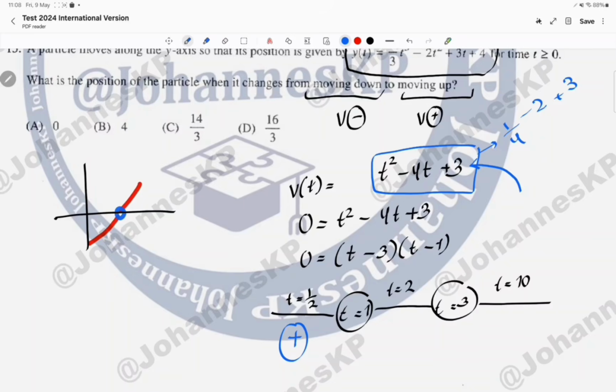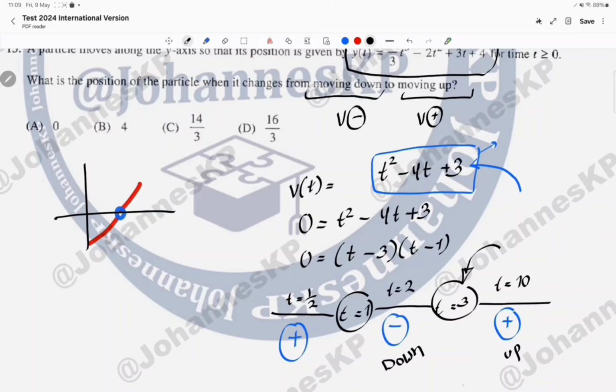Now, at the time of 2, if you plug in 2 in there, you get 4 minus 8 plus 3. Yeah, negative. And then if you plug in the 10 in there, you get 100 minus 40 plus 3. Positive. That means it's moving from down to up at the time of 3.